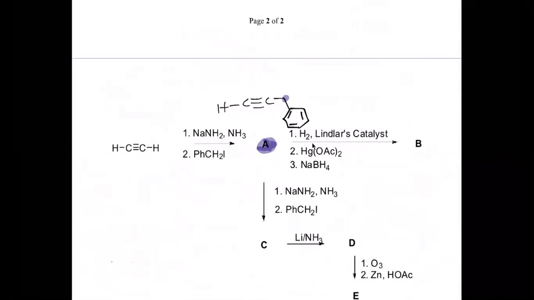So we made something that was the result of reaction 1, and then that became the starting material for my second reaction in that sequence, and then A is the final product. Yes or no? Yes.